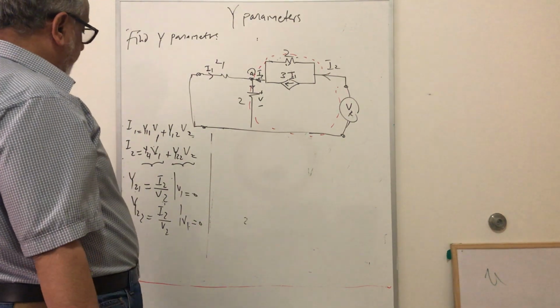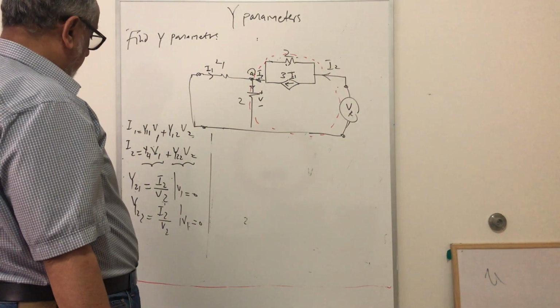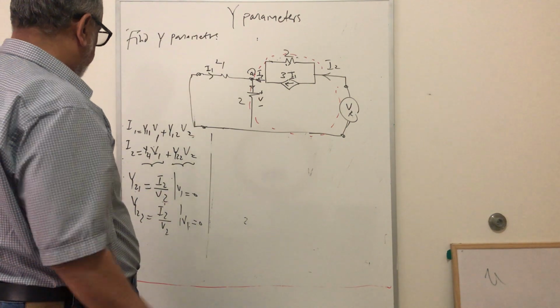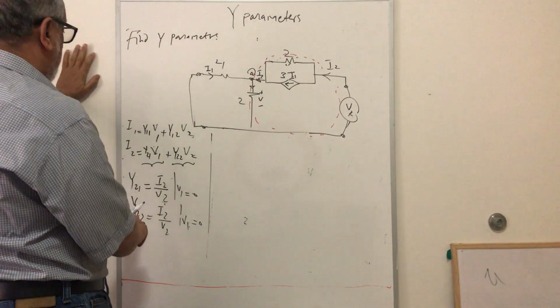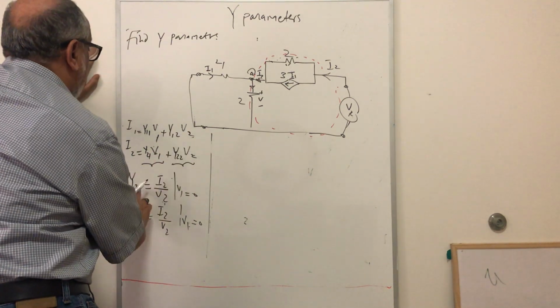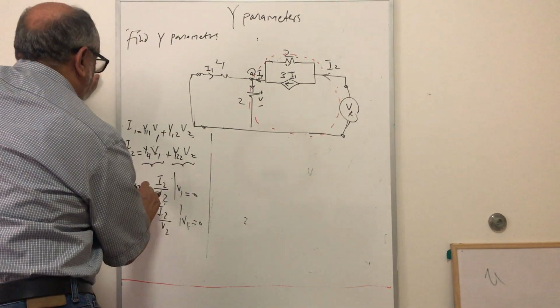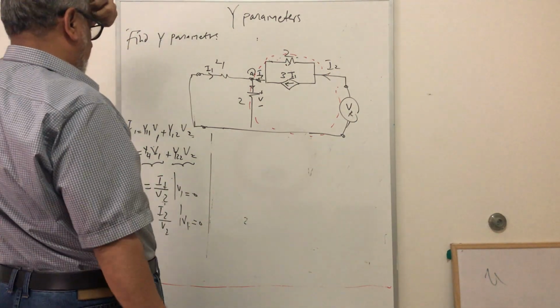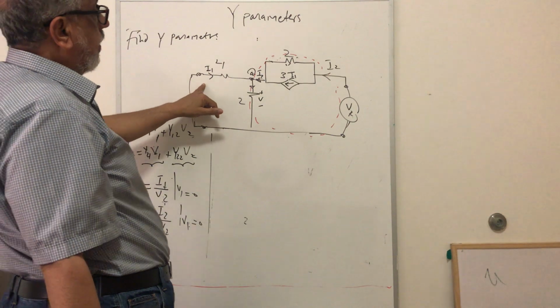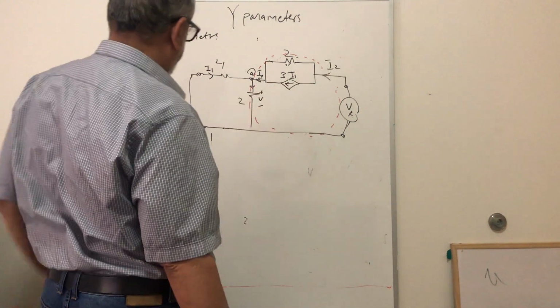So we have to find the relation between I1 and V2. Y12 is equal to I1 over V2. So we have to find a relation between I1 and V2, right?